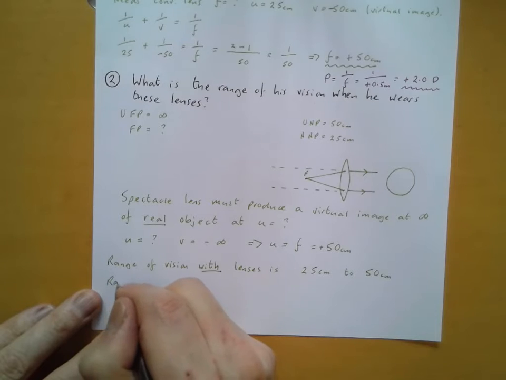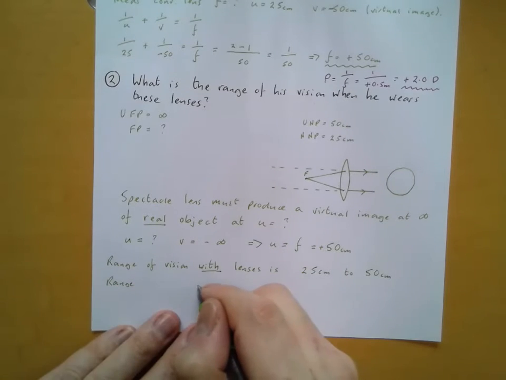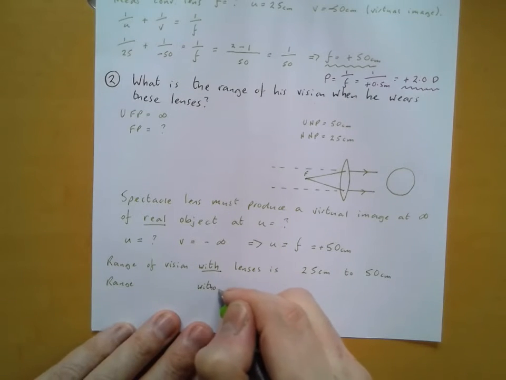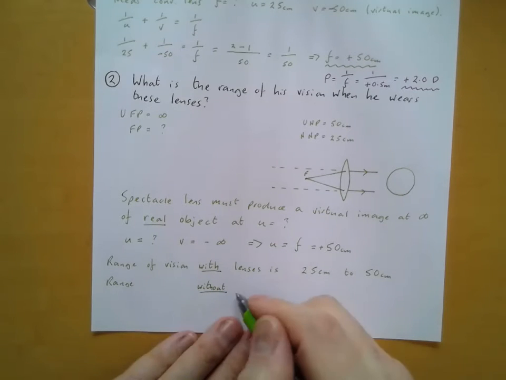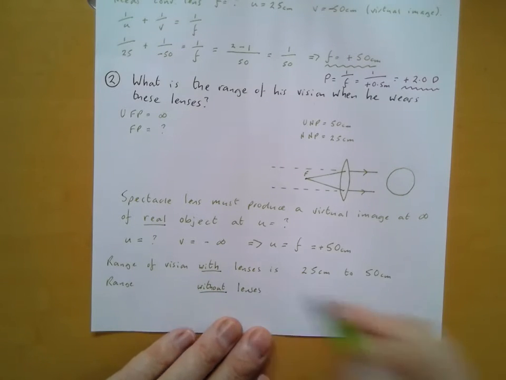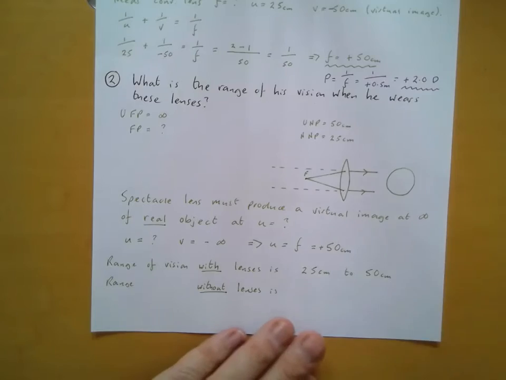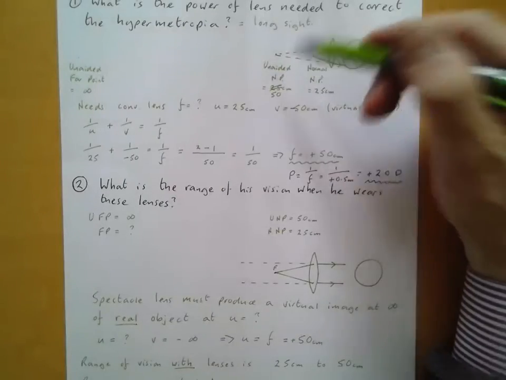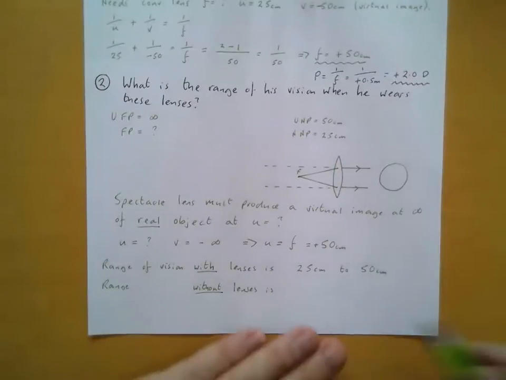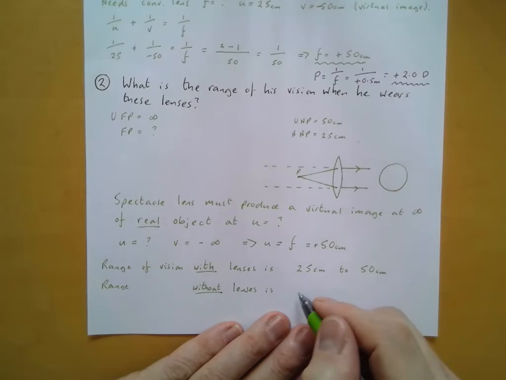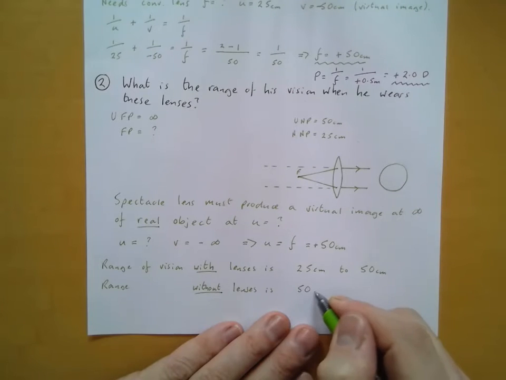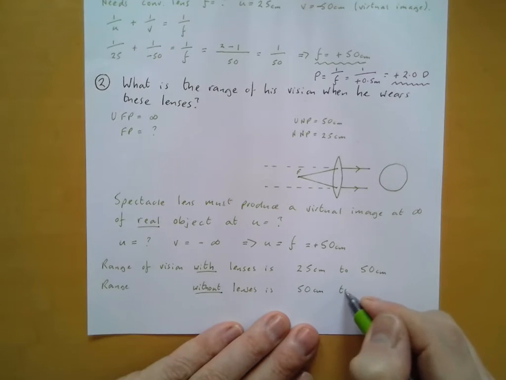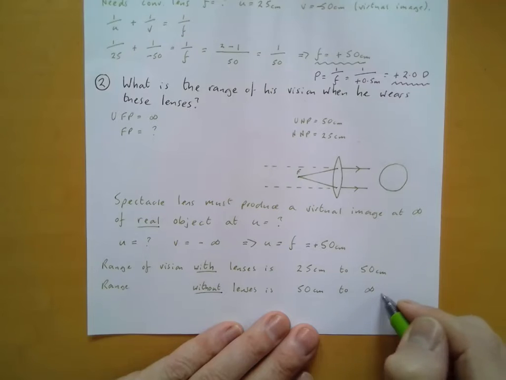But the range without lenses, well, without the lenses, his near point was at 50 centimeters, but his far point was at infinity. So it's 50 centimeters to infinity.